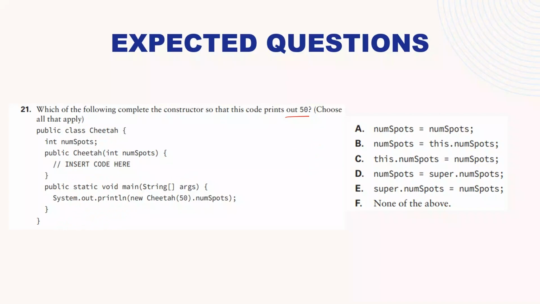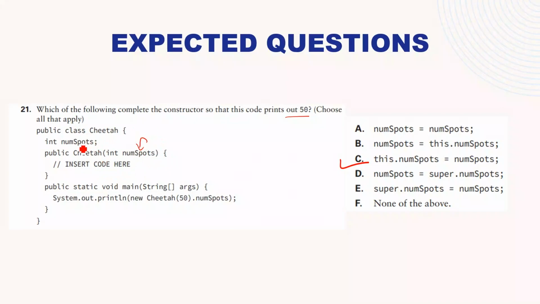So we have to choose all the options that apply. By going through the options, I would suggest that the answer for this question is option C, which is this.numSpots = numSpots. It's a pretty simple question, guys. So basically what we are doing is, this is our instance variable, and this is the variable that is coming in inside the parameterized constructor.